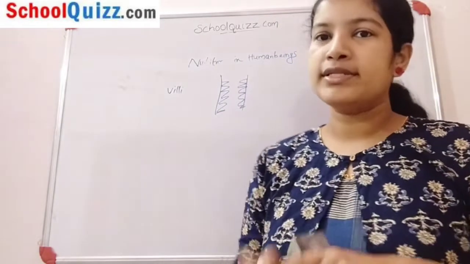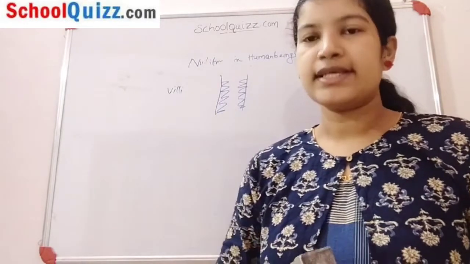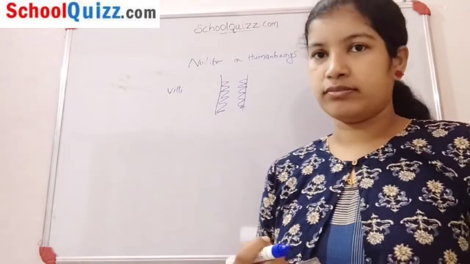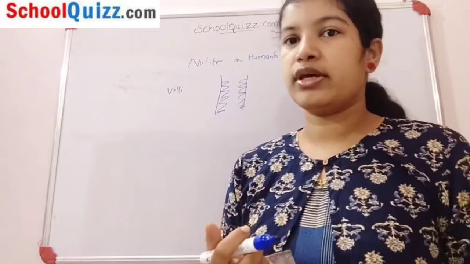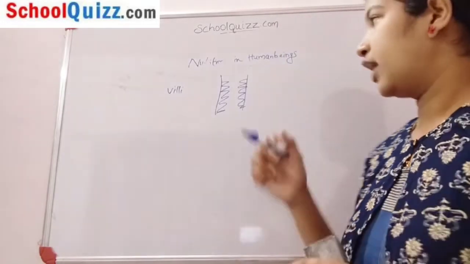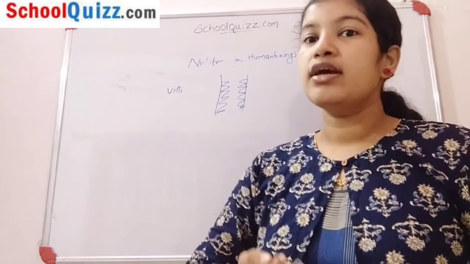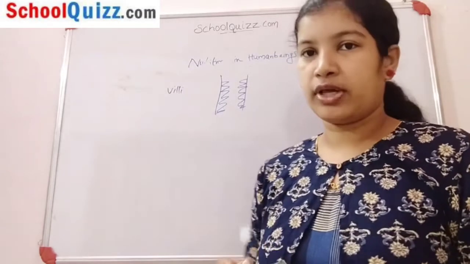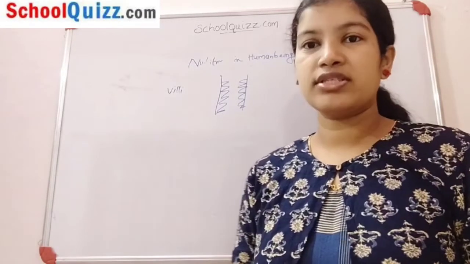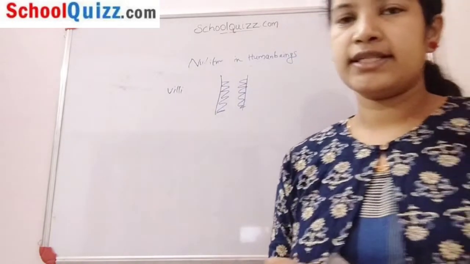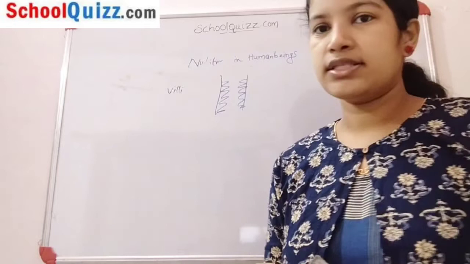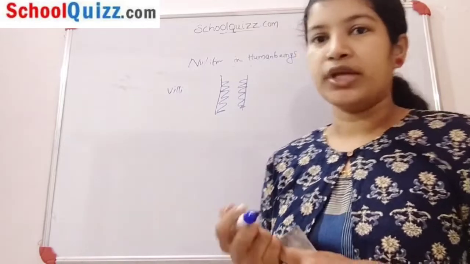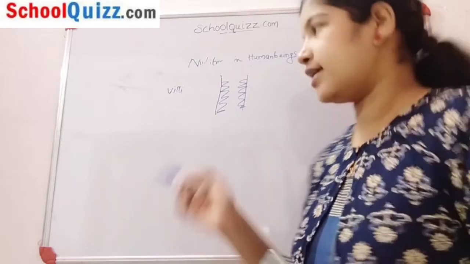The villi take the food to the blood vessels, and the blood vessels deliver the food to each and every cell in our body. The complete absorption of food takes place in the villi. The villi increase absorption by increasing the surface area. Thus the villi take the food into the blood vessels, and the body's nutritional need is met. Then the undigested food moves on to our large intestine.